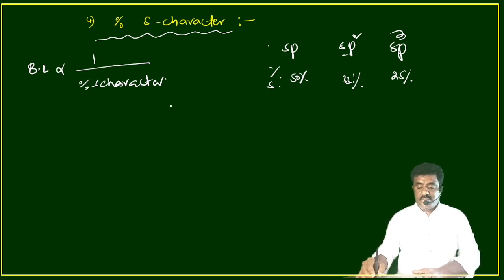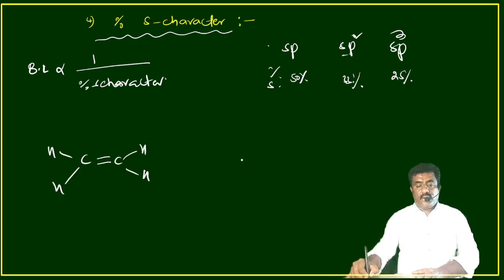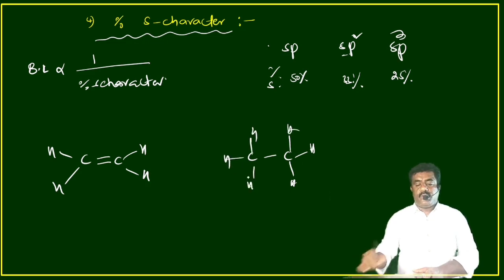Let's take an example. Carbon-carbon double bond with the H, and carbon-carbon single bond. So what is the hybridization of this carbon? It is sp2, with 3 sigma and 1 pi. The other is sp3 hybridization.